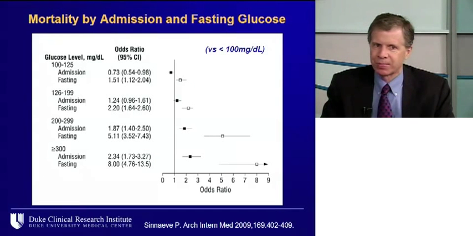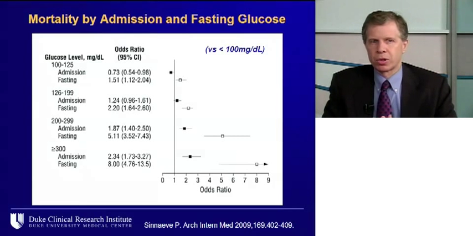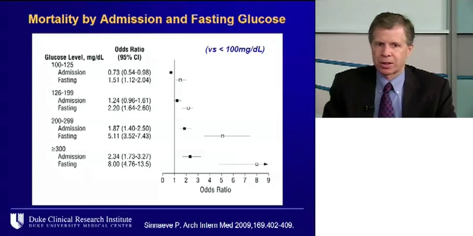renal insufficiency. And then, as I mentioned, if we look at the relationship of glucose, either at the time of admission or during the early hospital stay looking at fasting glucose, there's a strong relationship with these measures of glucose and outcome following acute coronary syndrome.